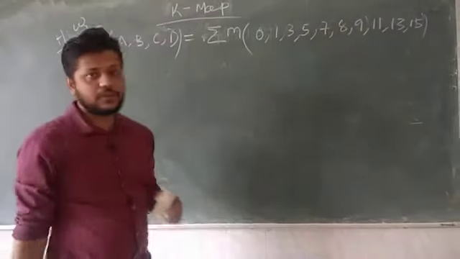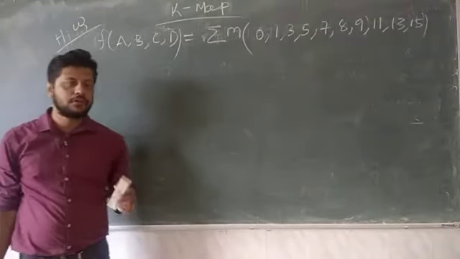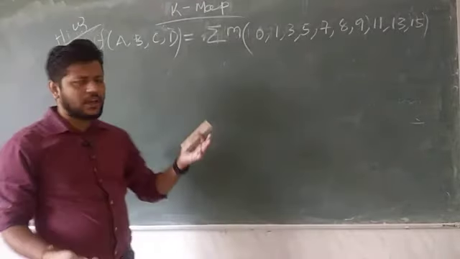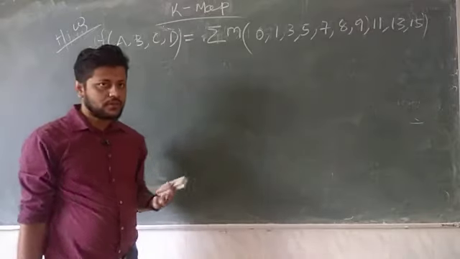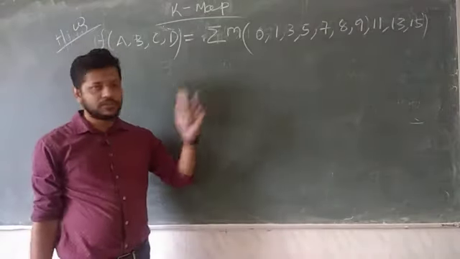Of course this is a 4 variable K map, that's why the range is from 0 to 15. So these minterms are present, remaining are absent. Here we don't have any don't care conditions, so no need to consider that, just forget about it. This is only a minterms expression.